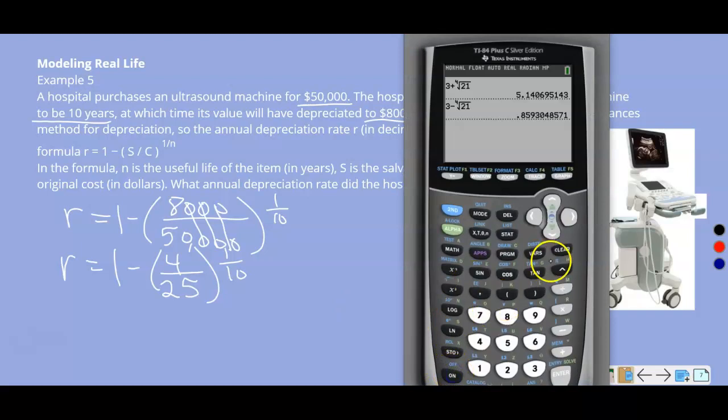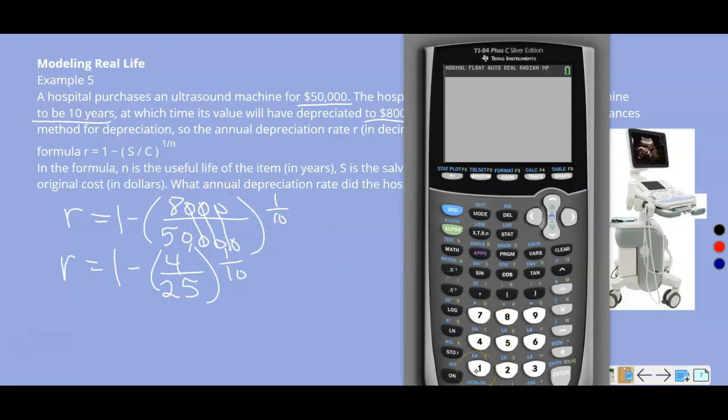So the reason we start with 1, remember when we did interest and stuff before, 1 is the whole amount. If we multiply 1 times 50,000, you get 50,000. What we're doing is depreciating this. We're trying to figure out what the interest rate is after, say, 10 years.